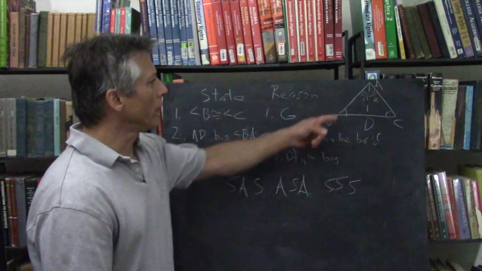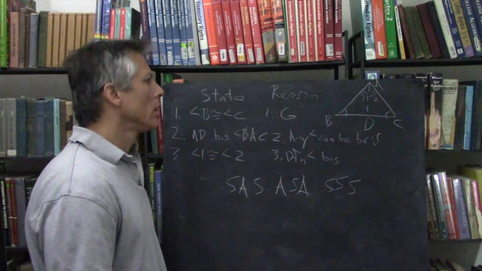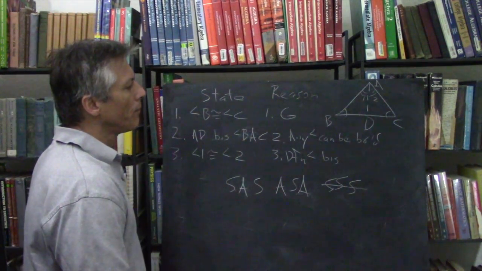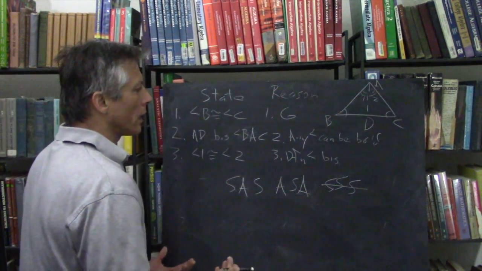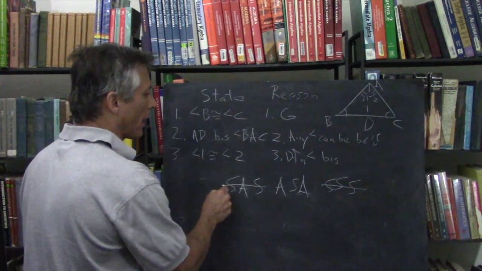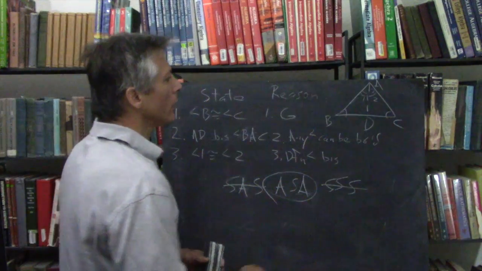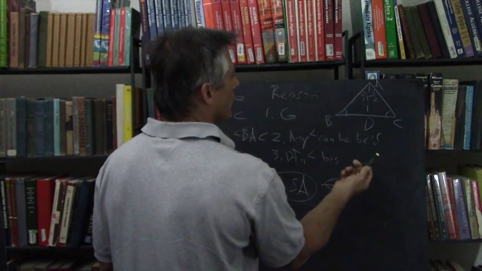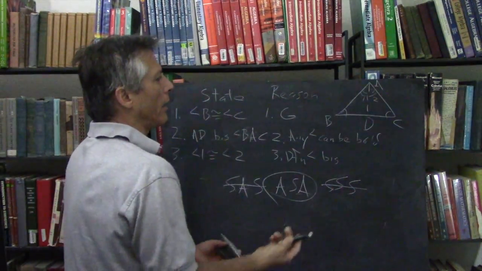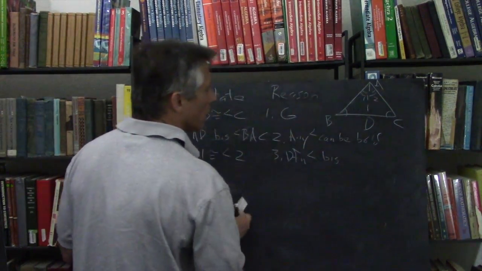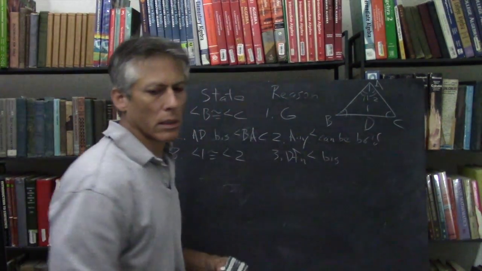We're trying to prove AB and AC are the same, so we can't start with all the sides, and we don't know any of the sides yet. So it's probably going to be this. But notice we've got two angles, and we can't do angle side angle, because we're trying to show that AB is the same as AC.